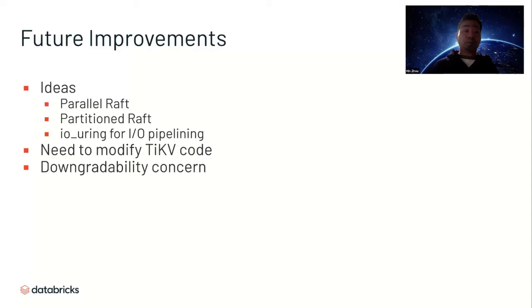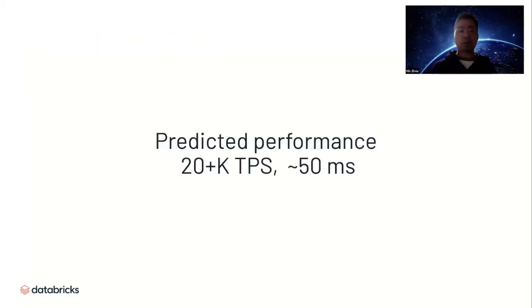But if we do this, it will modify the TiDB code, and it will also cause some compatibility issues with the old TiDB version, because it will change the data format in the disk layer. This is our prediction: we predict that we can get this latency.